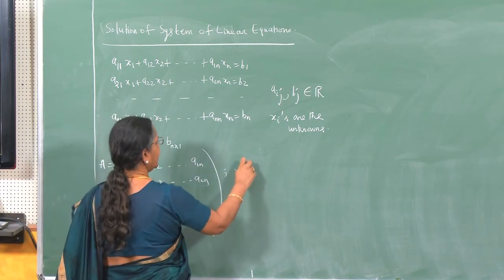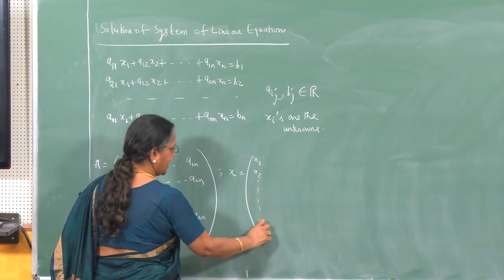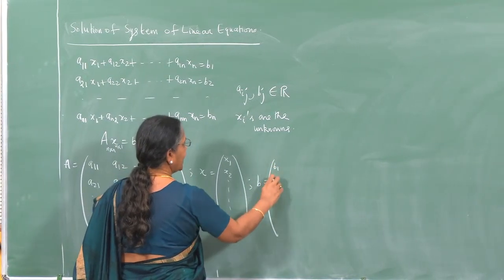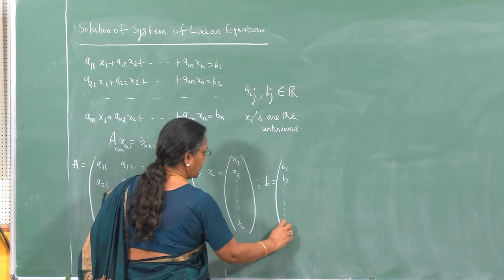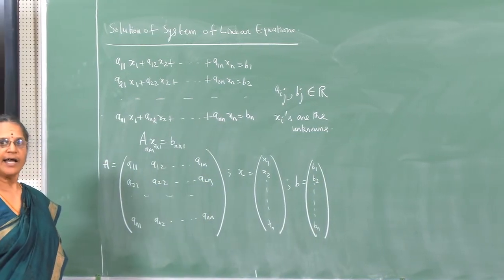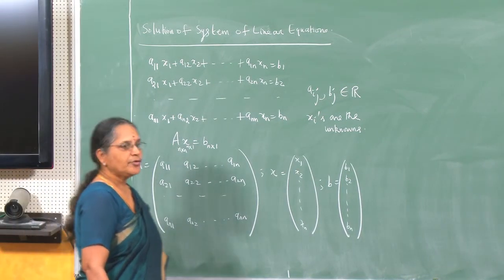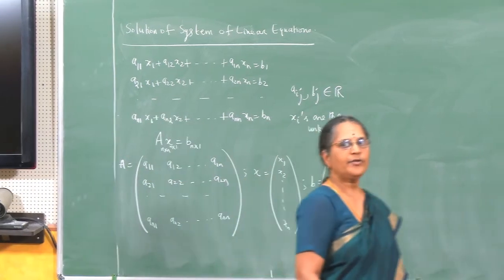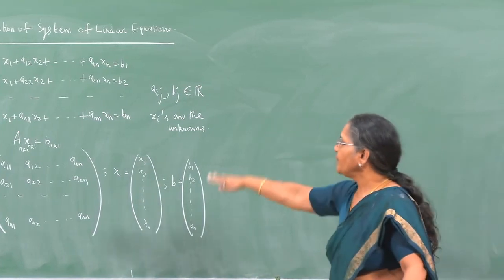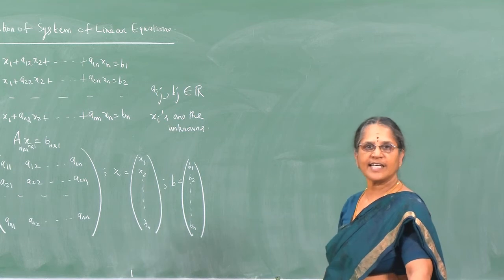X vector is given by x1, x2 etc. xn, and the right hand side vector B has n components b1, b2 etc. bn. So, our objective is now to discuss numerical aspects of solving the system of equations given in matrix form, say Ax is equal to B.